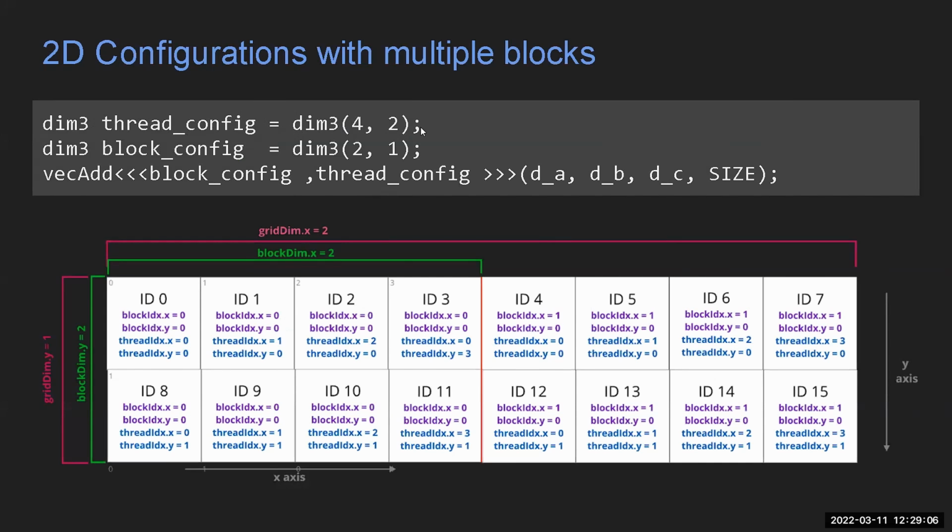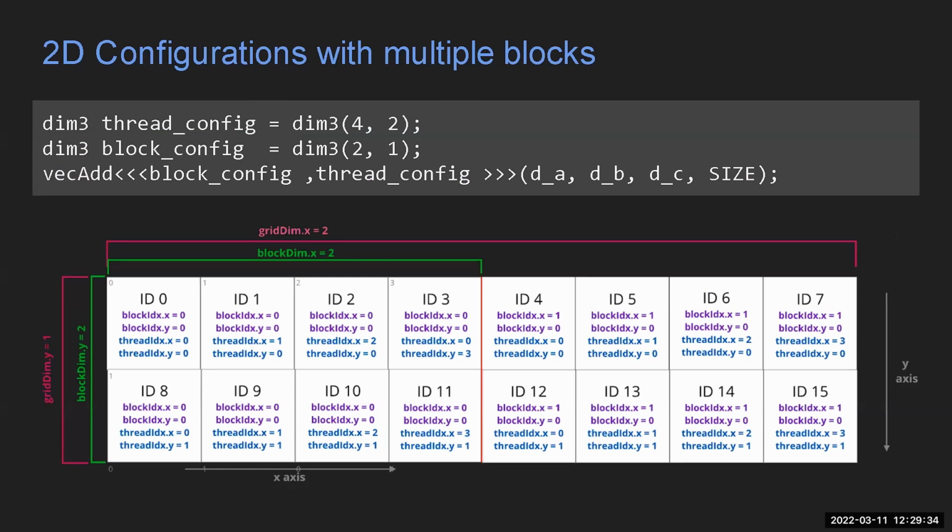In this case, we want our blocks to have dimensions of 4 in the X direction and 2 in the Y direction. Then we want the grid, the thing that holds the blocks, to have dimensions of 2 blocks in the X direction and 1 in the Y direction.